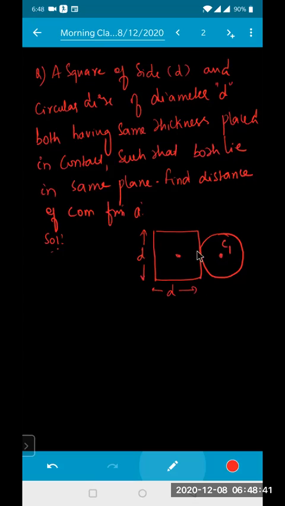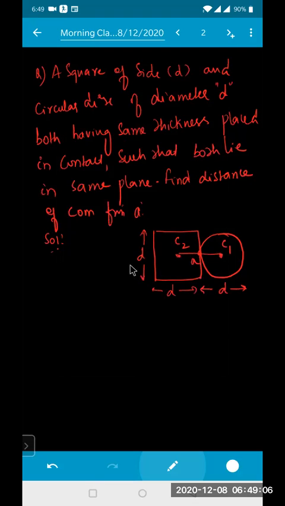This is given as C1, this is C2. This point is A. This distance is also equal to D, and the thickness is the same. Is it clear? Yes, sir.